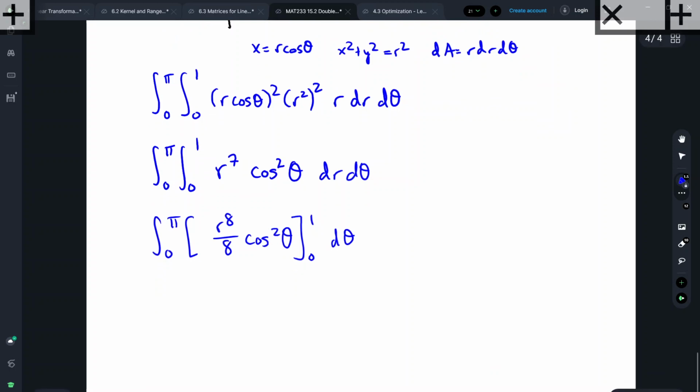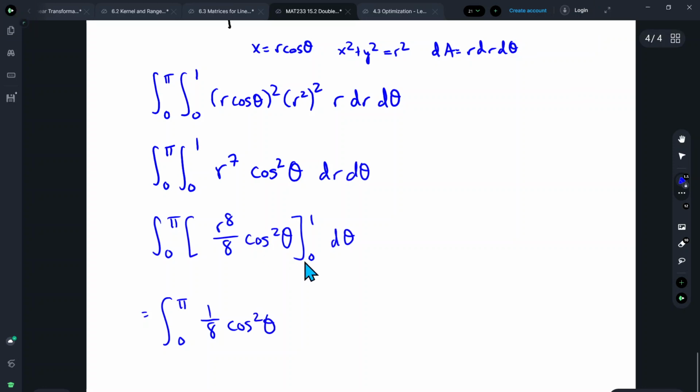Okay, so if I plug in 1, I get 1/8. And if I plug in 0, this whole thing is just 0. So that cancels out. So I'm not going to write that. So the whole integral is now just 1/8 cosine squared theta.